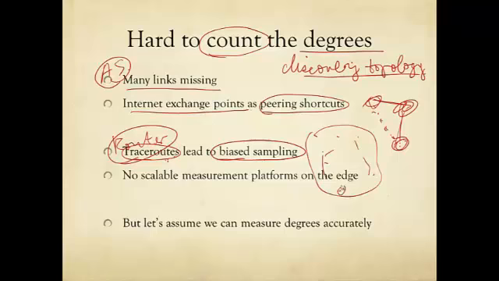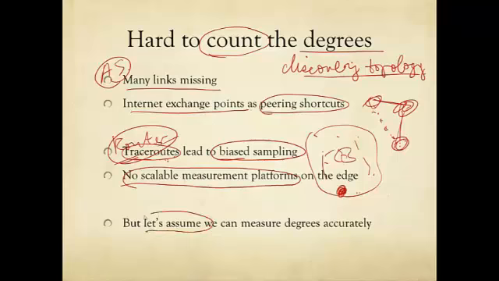And in fact, near the edge of the network, for example, near your corporation, on a campus, or near your home, high-rise buildings, as opposed to in the backbone of the network, there's often no scalable measurement platforms. So at the router level, the graph is also not known for sure. There are many missing links.